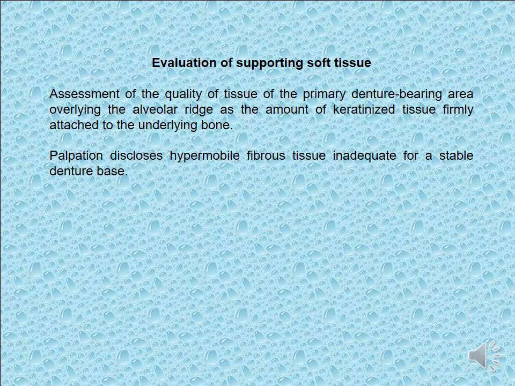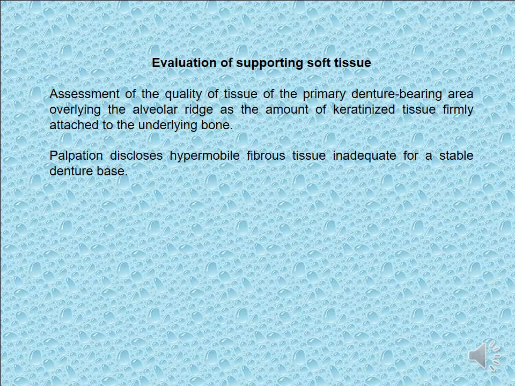For evaluation of supporting soft tissue, the bony part you must evaluate. This is an assessment of the quality of tissue of the primary denture-bearing area overlying the alveolar ridge, such as the amount of keratinized tissue firmly attached to underlying bone. So the mucosa must be firmly attached, not flabby, not movable mucosa.